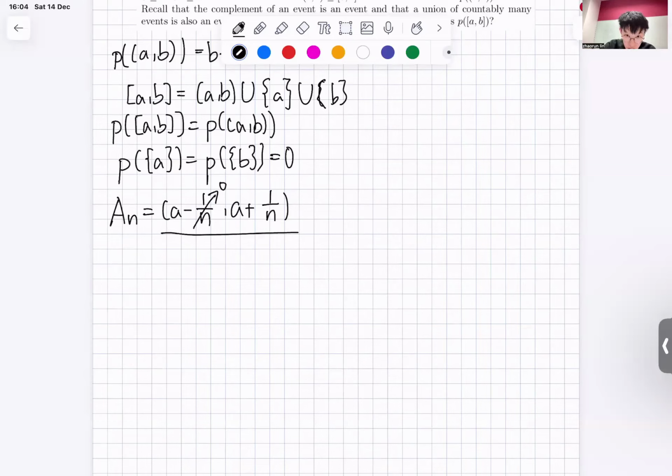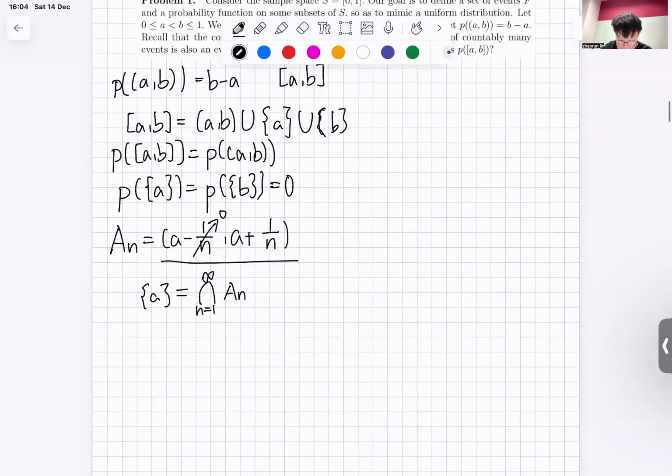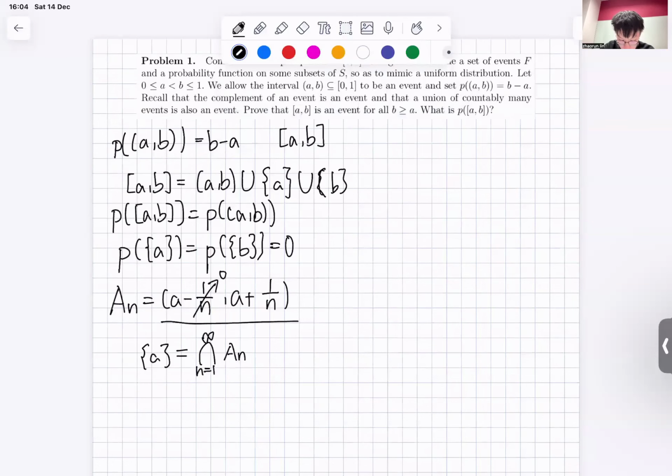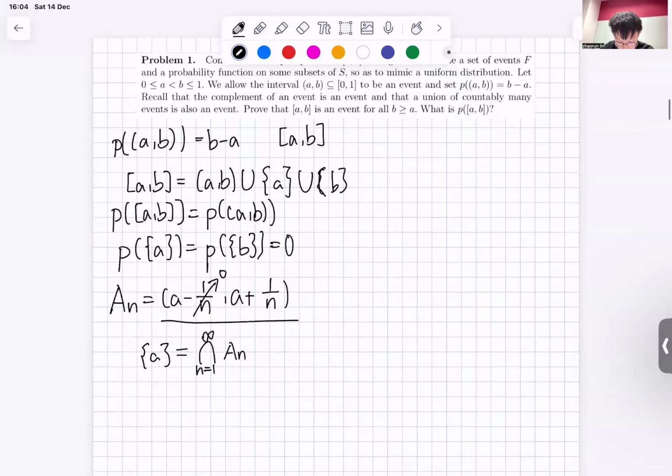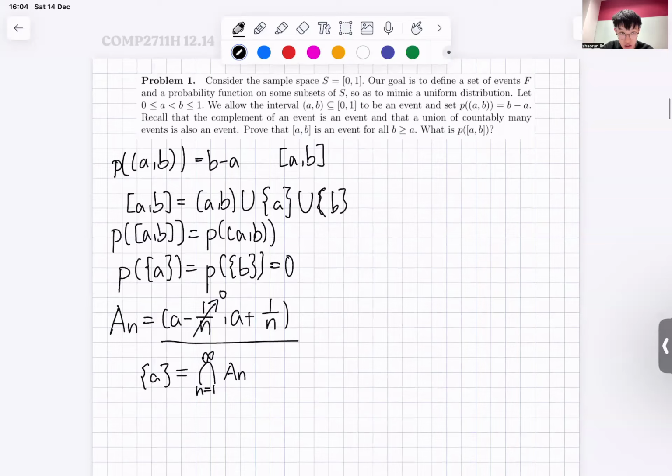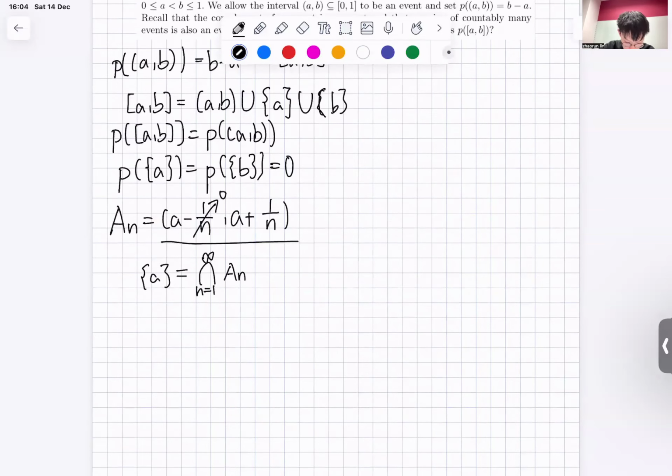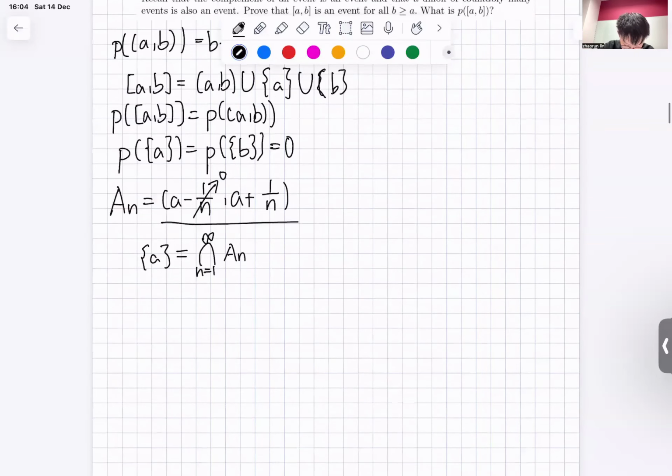The singleton event is the intersection, for n equals 1 to infinity, of all such A_n.